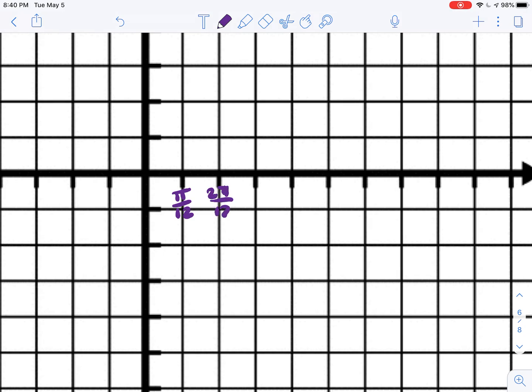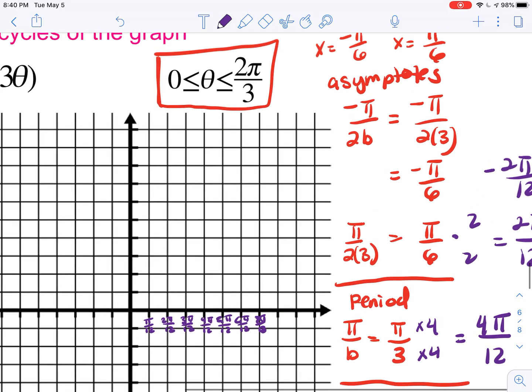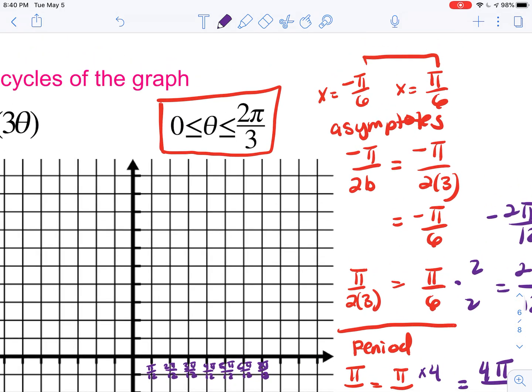So that kind of gives us a context. So every line on this is going to be equal to pi over 12, so then as we move up, that would be 2 pi over 12, 3 pi over 12, 4 pi over 12, 5 pi over 12, 6 pi over 12, 7 pi over 12, and you get the idea, okay?